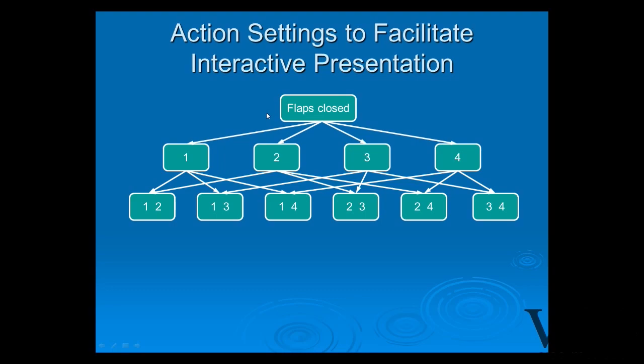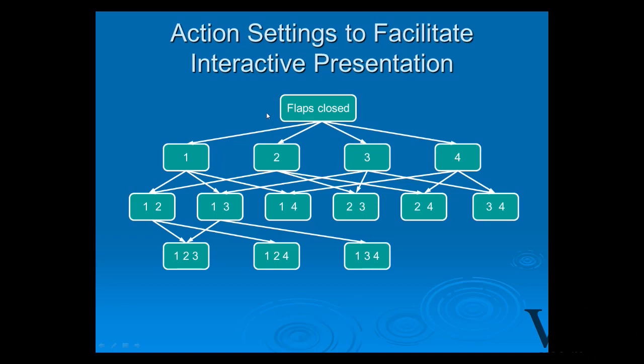So then, now we open the 3rd flap. And of course, if we start from 1, 2, we need 2 more because we only have 2 possibilities left. From 1, 3, we need these. And when you do the full picture, we realize we only need 4 more slides.